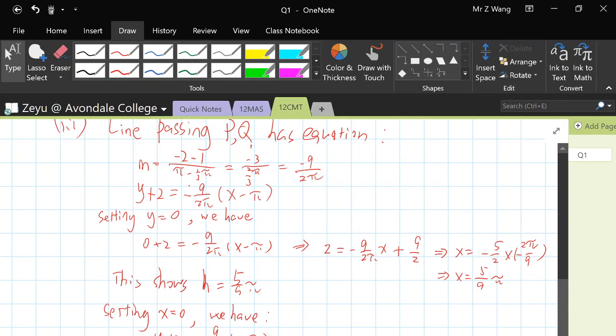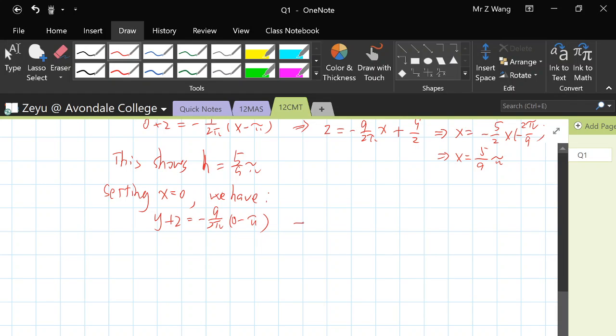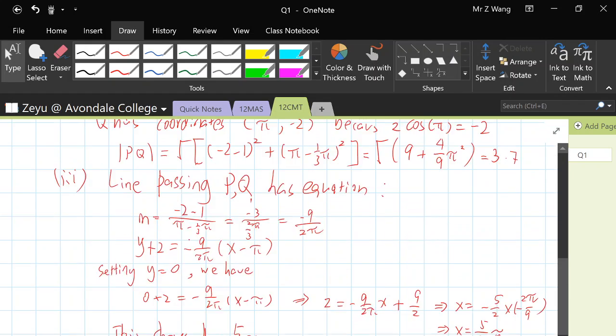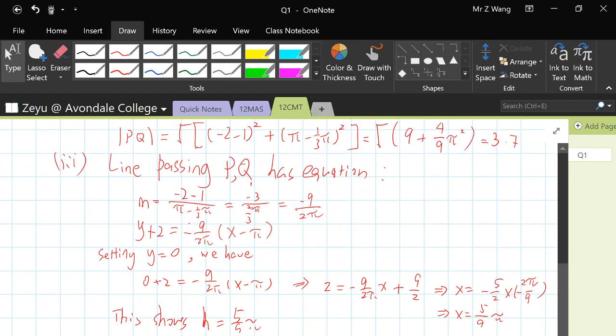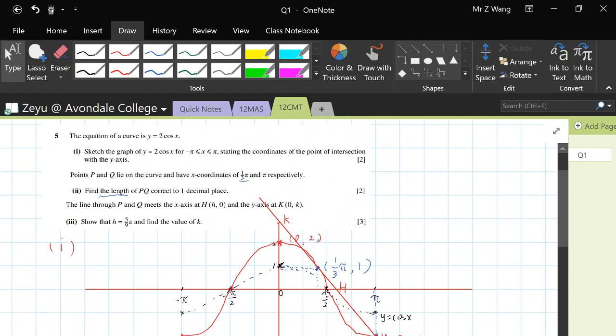This thing is positive, so y equals 9/2 minus 2. Hence k equals 5/2. So that completes the entire question. I hope it makes some sense.